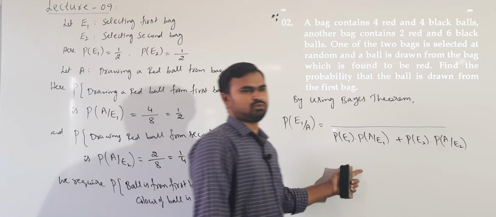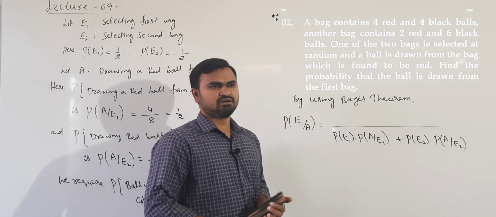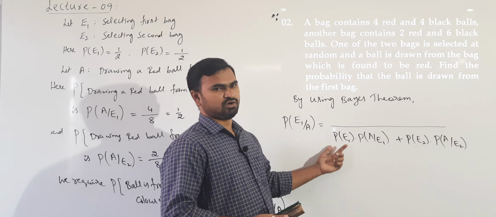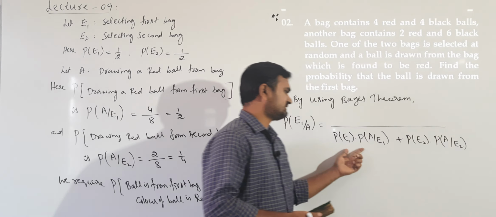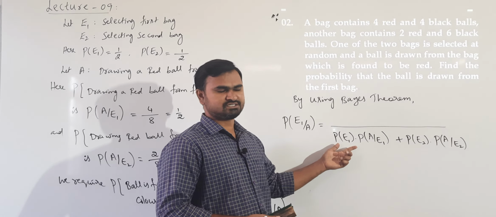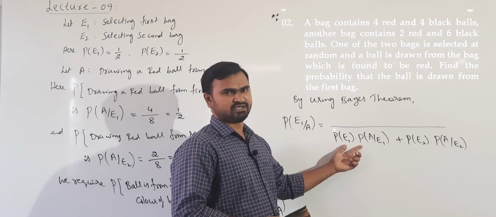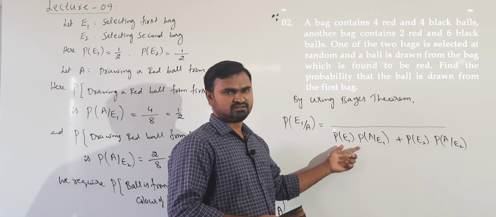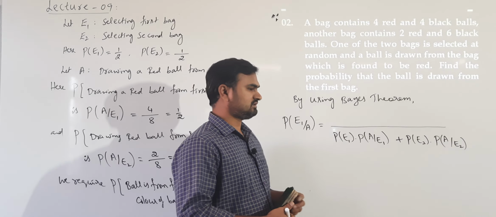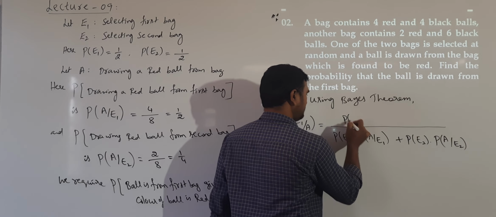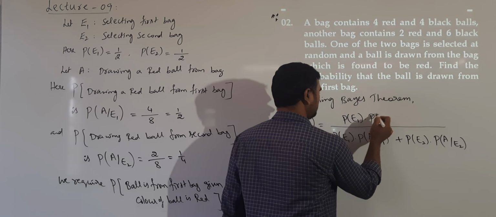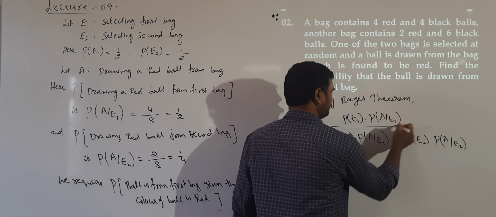So these are the two cases. That is the total probability of getting the red ball. Now out of these two cases, which case are we interested in here? We are interested in getting it from the first bag. So this first case is of interest. Now that is what we write in the numerator, P of E1 into P of A given E1.